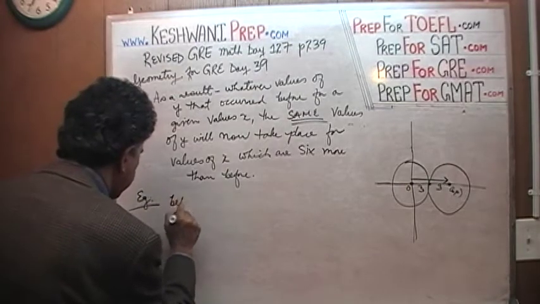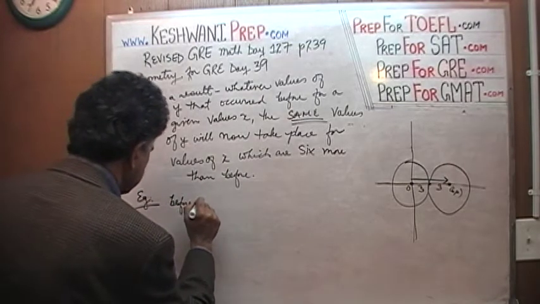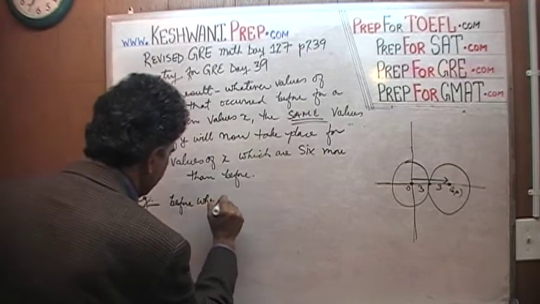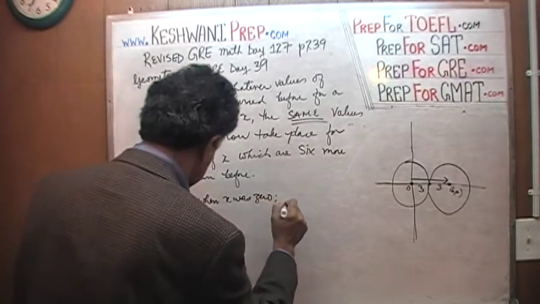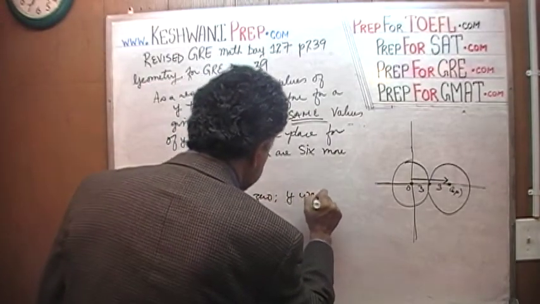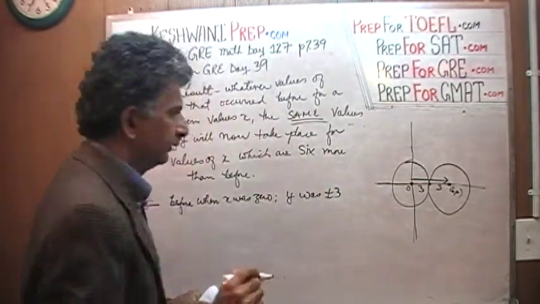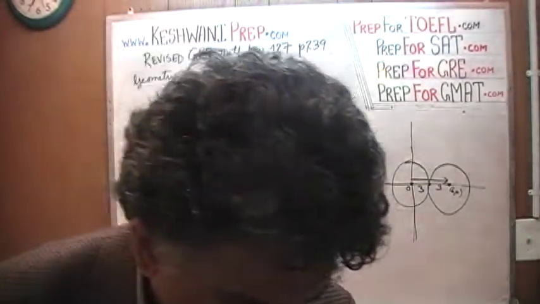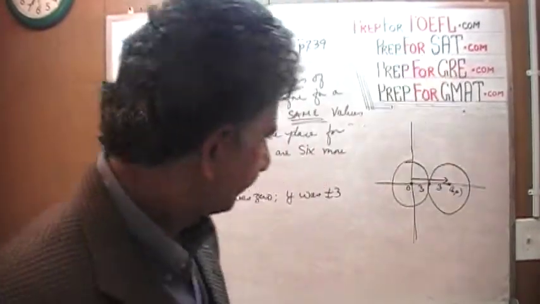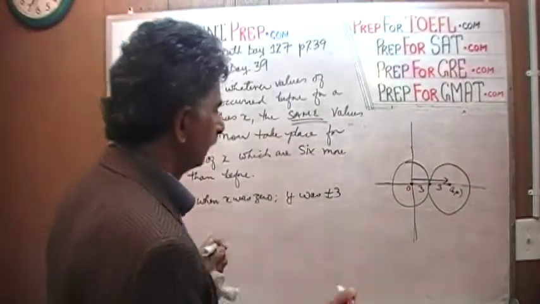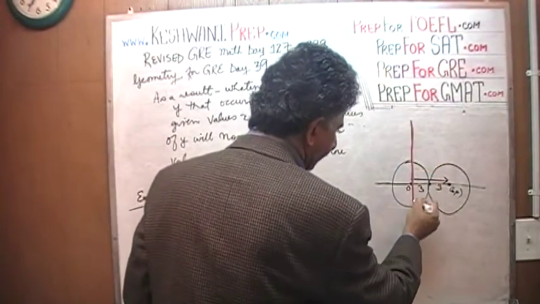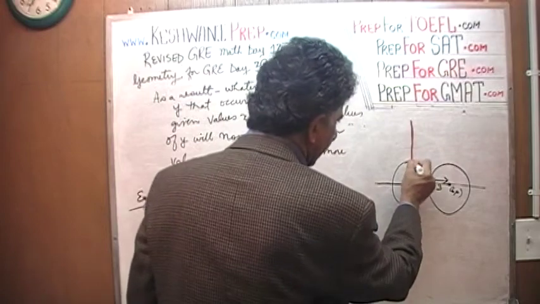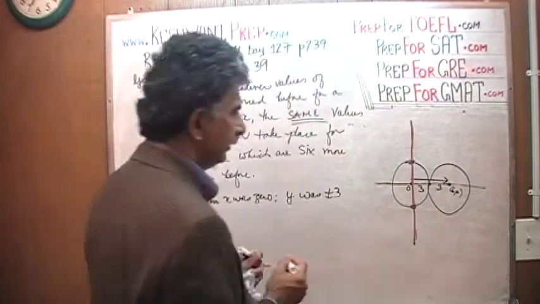before, when x was 0, y was positive 3 or negative 3. As you can see here, when x is 0 along the y-axis, y was positive 3 or negative 3.